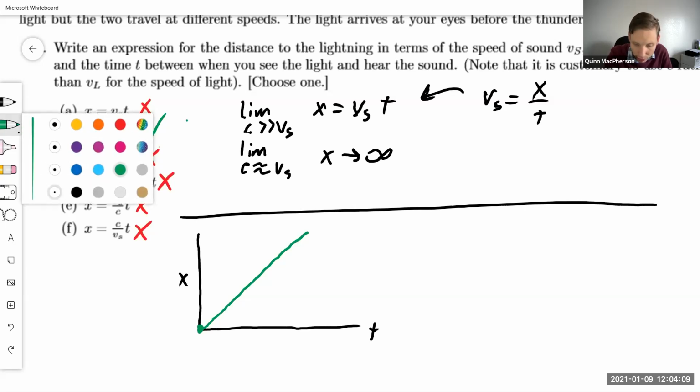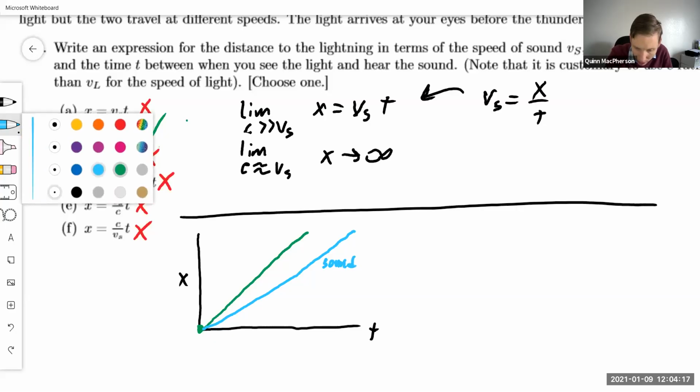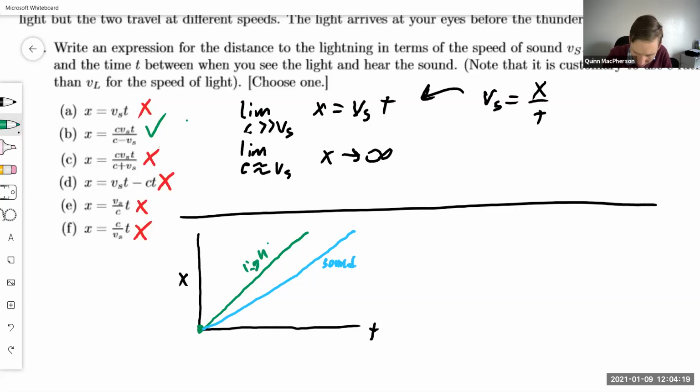We'll make the sound blue, I guess. So this is time on the horizontal axis, x on the vertical axis. So position versus time.